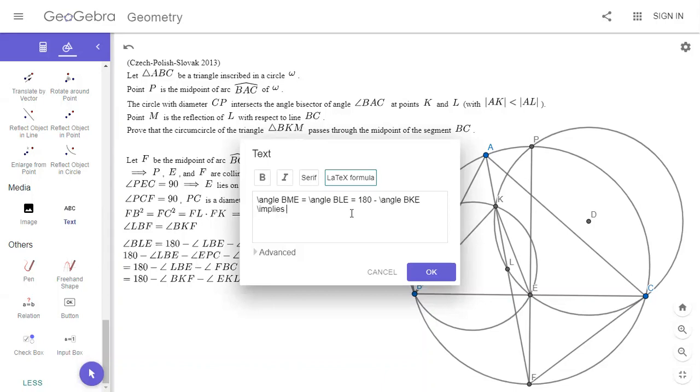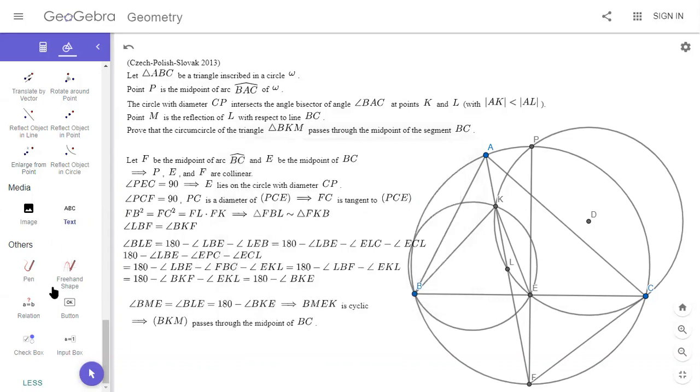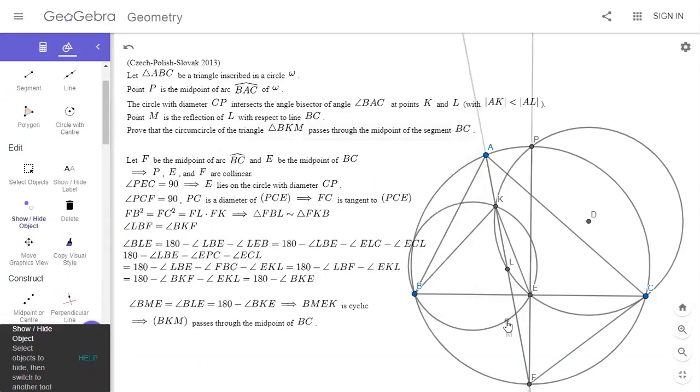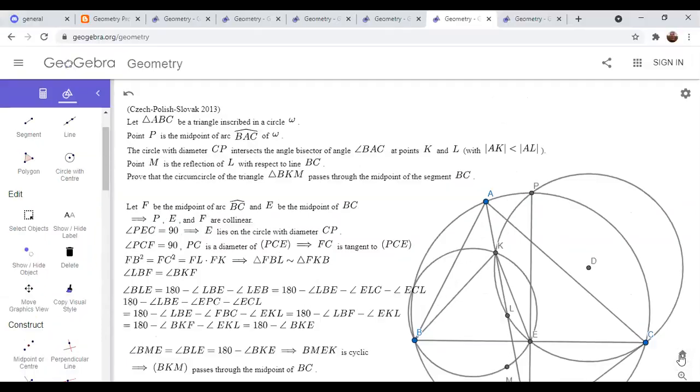So that means that BMEK is cyclic. And that means that the circle BKM passes through the midpoint of BC. All right. I'm going to draw that in and move on to the last problem. All right, that was very cool.